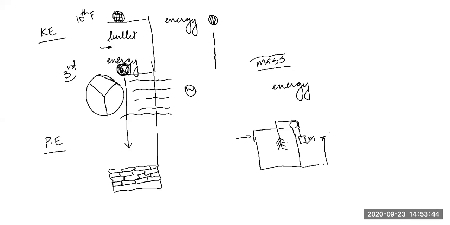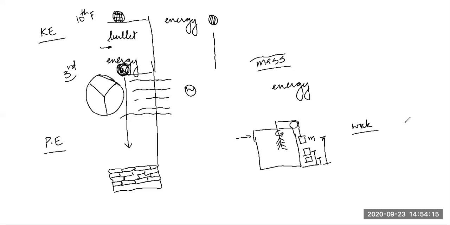When he dropped the mass from this height, it rotated. When the pulley rotated, the stirrer also rotated. When he dropped the mass from a very small height, the rotation was very less, and hence the change in temperature was also less.